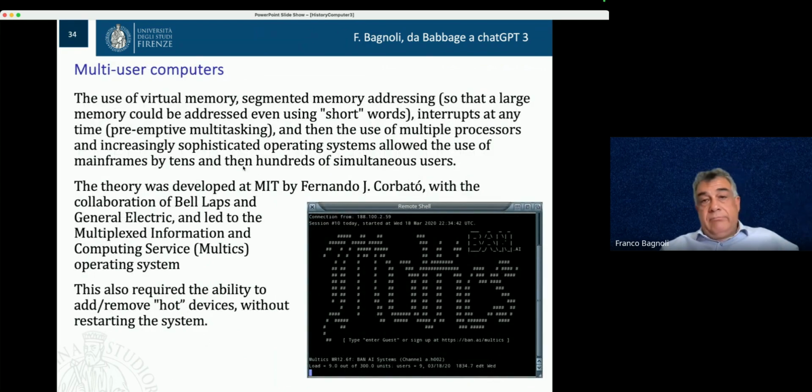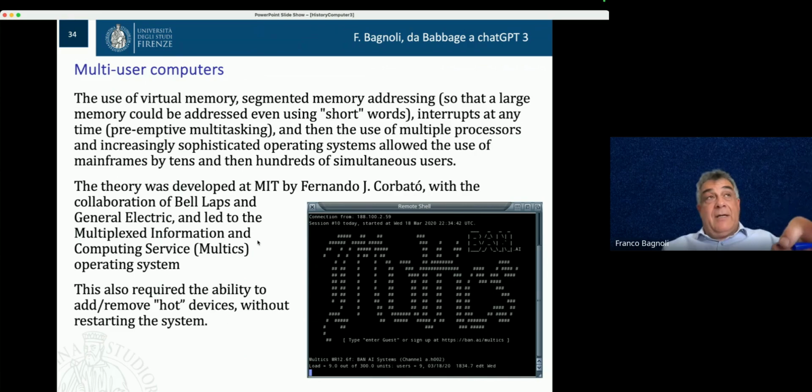Okay, we are now essentially in the mid 70s, and you had essentially all the things that we are accustomed to. The idea is to have multitasking, also preemptive multitasking, so that you don't have to say anything because everything is managed by the computer system.